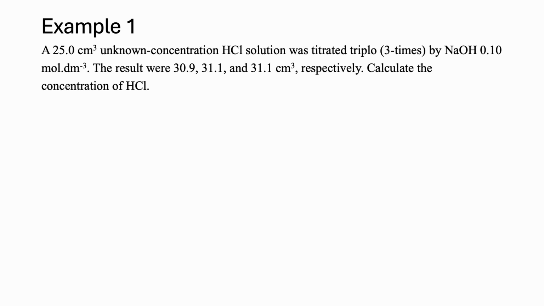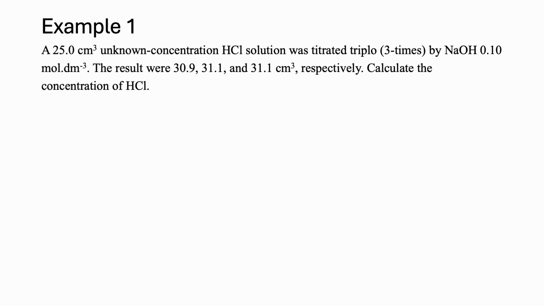Okay, let's see example 1. A 25 cm³ unknown concentration HCl solution was titrated triplo, or 3 times, by NaOH 0.1 mol/dm³. The results were 30.9, 31.1, 31.1 cm³ respectively.